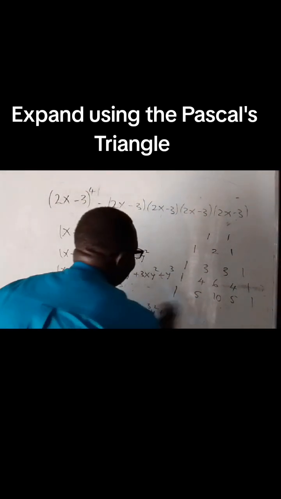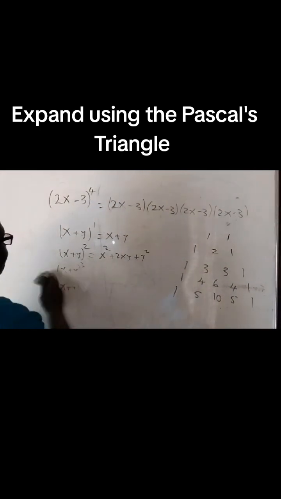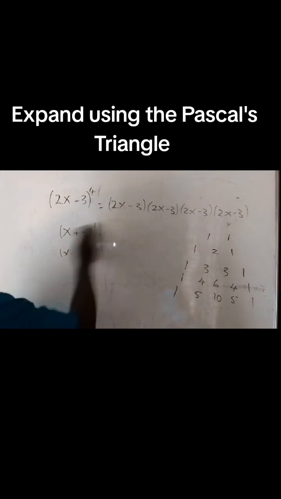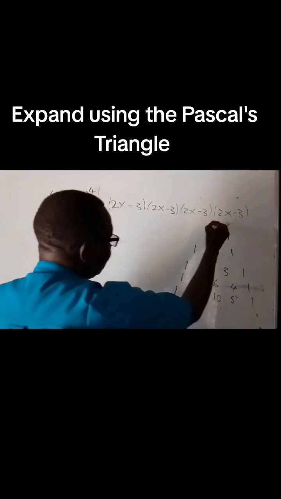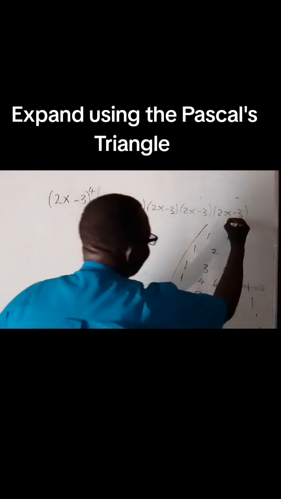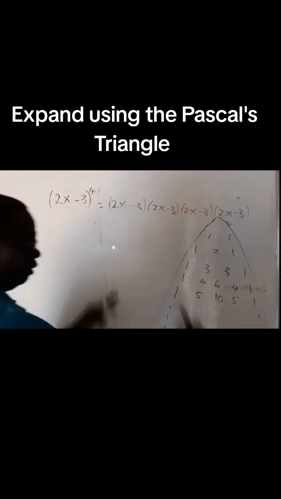Now, how do we get all this? It continues. You can see if you take this, it will be a triangle where the base is broader and the top is narrow.